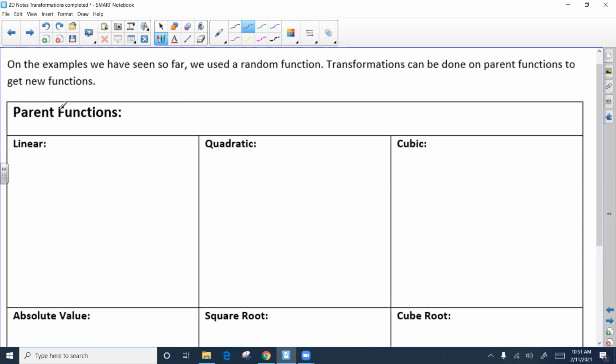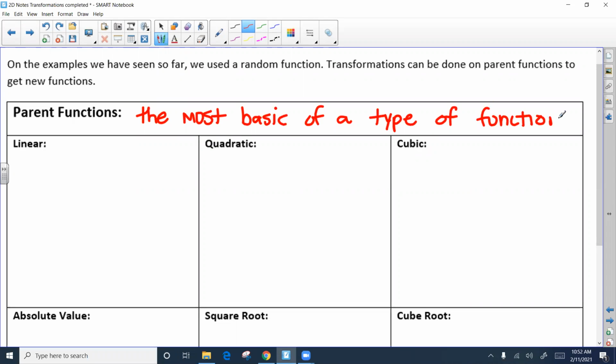So parent functions are the most basic of a type of function. The parent function is the most basic of a type of function.